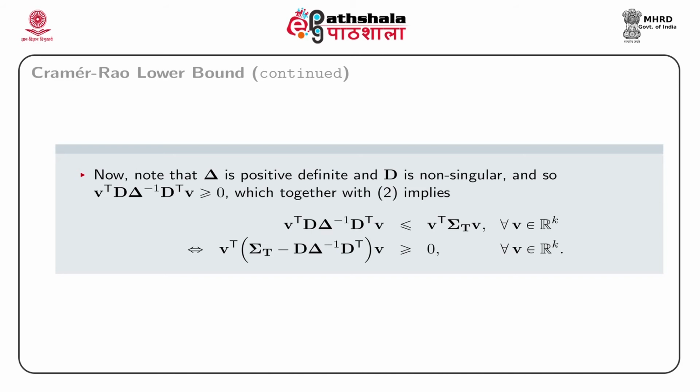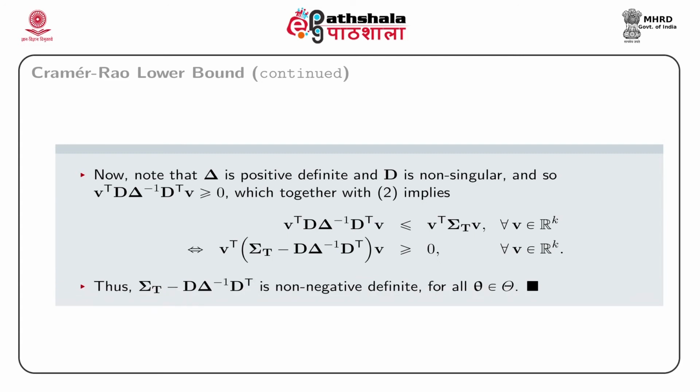This implies v' (Σ_T minus D Δ inverse D') v is greater than or equal to 0, and it holds for all v belonging to R^k. From the definition of a non-negative definite matrix, we get Σ_T minus D Δ inverse D' is non-negative definite. Now, we make the following remarks.